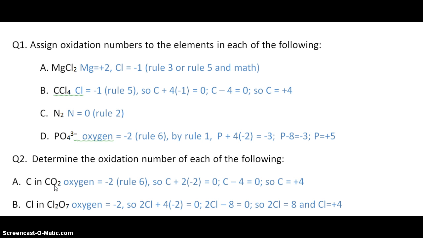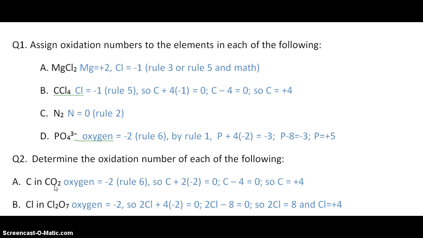Okay, now we're getting a little trickier. Here we have the polyatomic ion phosphate. And in this case, by Rule 6, oxygen is -2, but we don't have a rule for phosphorus, so we have to do the math. And because it's a polyatomic ion, the sum of the oxidation numbers has to equal -3. So the oxidation number of phosphorus plus 4 times the oxidation number of oxygen is equal to -3.